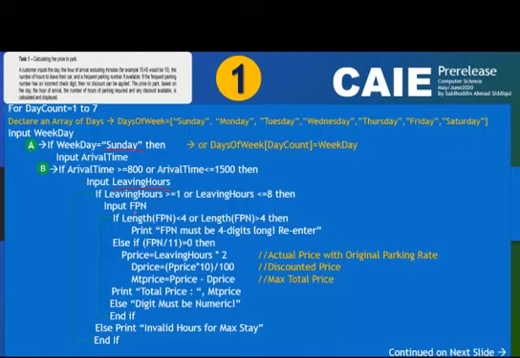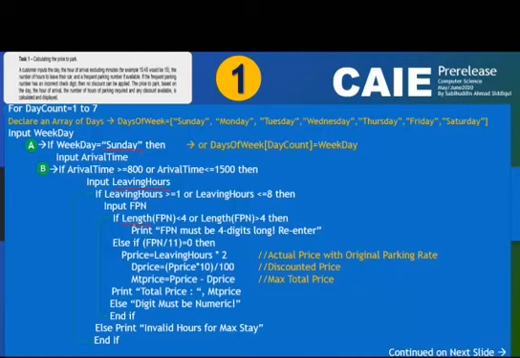So if length of FPN is less than 4 or length of FPN is greater than 4, then print FPN must be 4 digits long, re-enter. Here you can see that I have put the length function. This clears the concept. You are checking the length because they have given you the length. It should not exceed 4 digits.